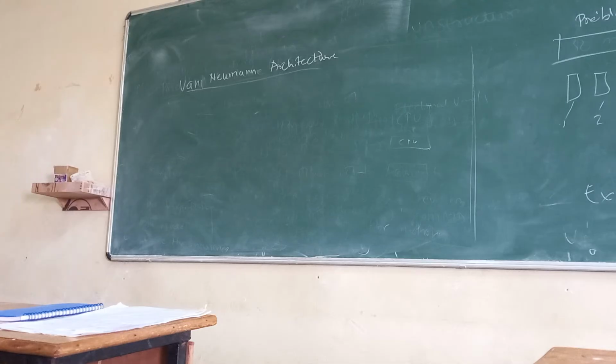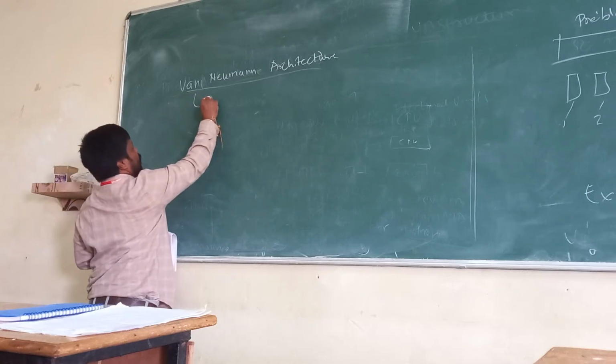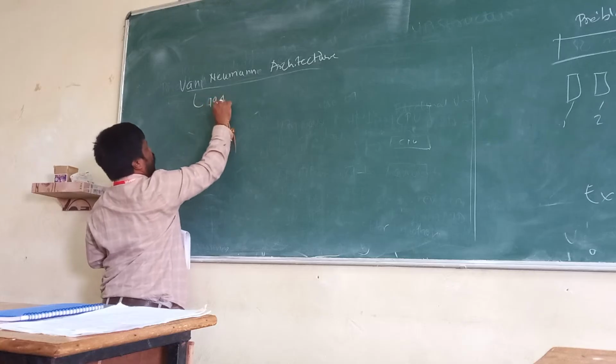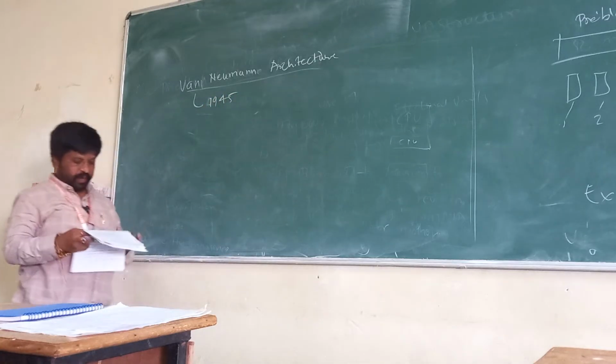In the Von Neumann architecture we use the control unit and the ALU on the same processor, the same unit only. That's the main point here. And this Von Neumann architecture started in 1945 only.